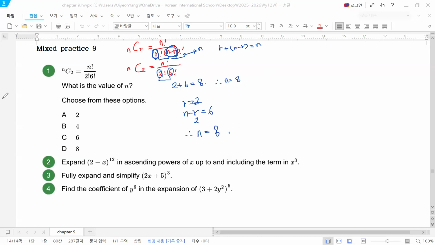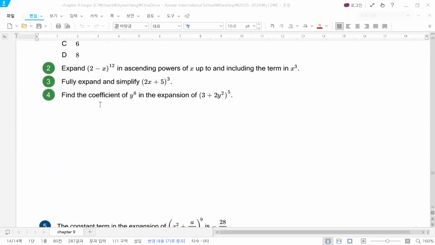Let's move to the second question. In this question, you need to expand this binomial expression in ascending powers of x up to and including the term in x cubed.